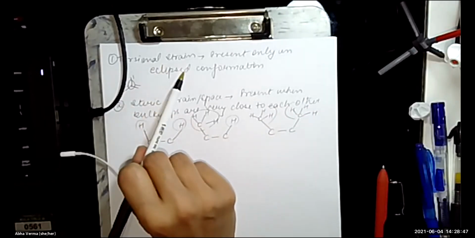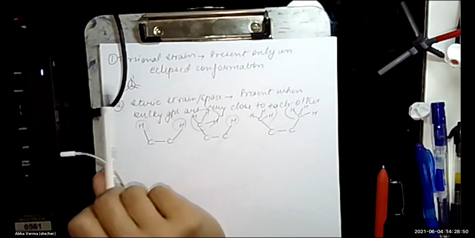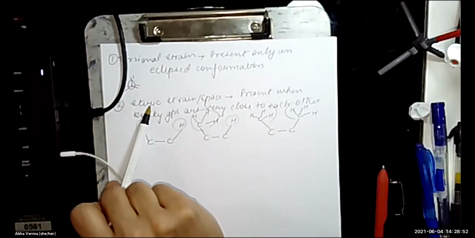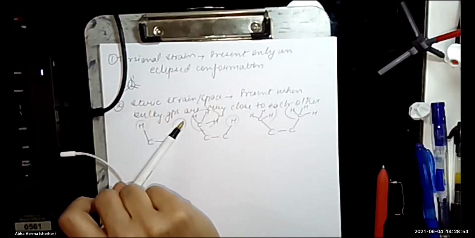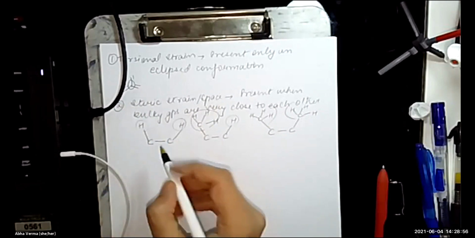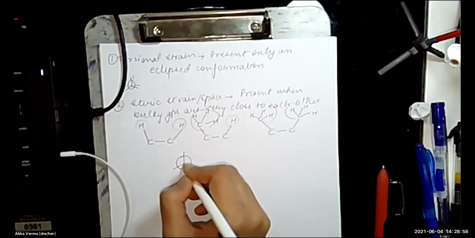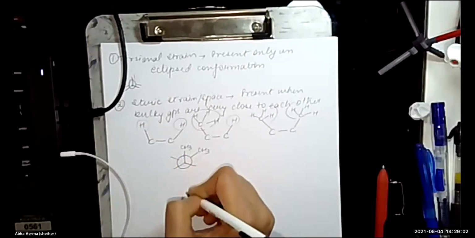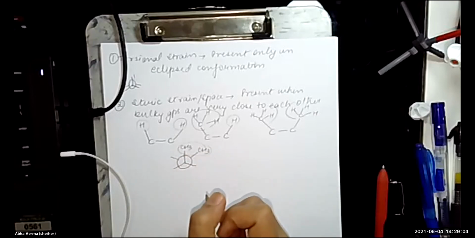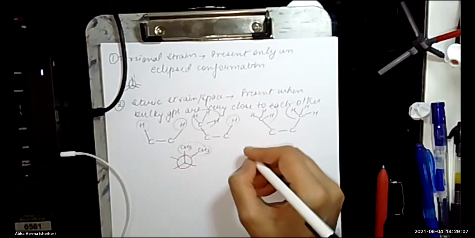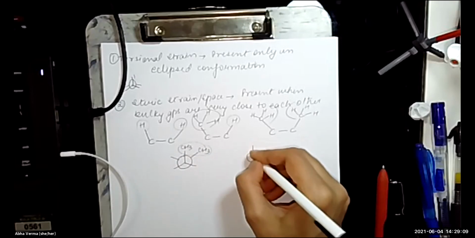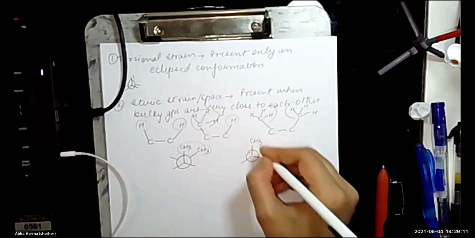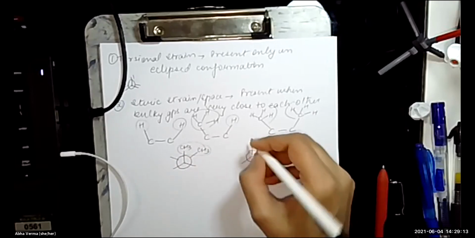Torsional strain will only be present in eclipsed conformations. Steric strain will be present when there are bulky groups other than hydrogens. So that will be present in your staggered conformations also. So this is staggered conformation, and this will be your, oops, don't worry about the others.